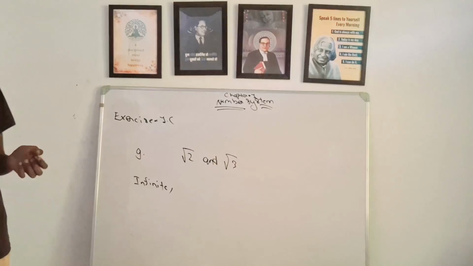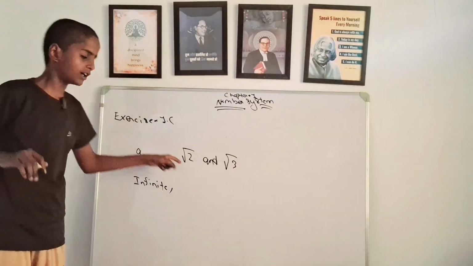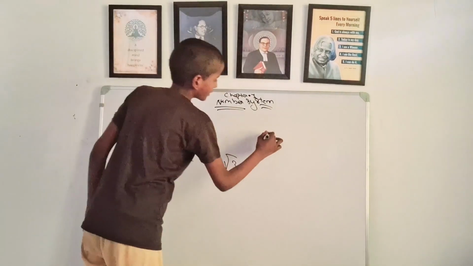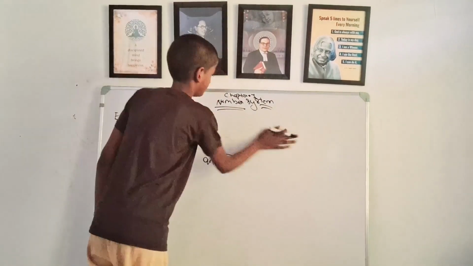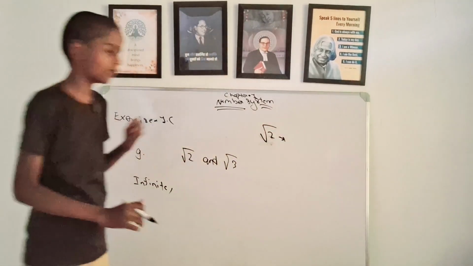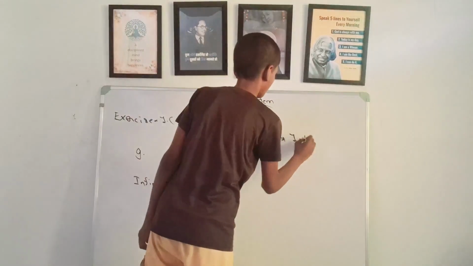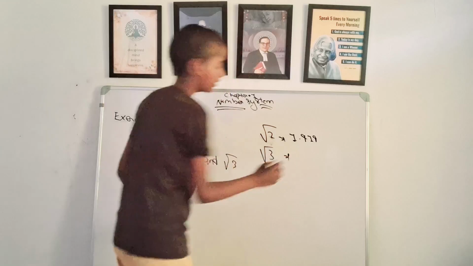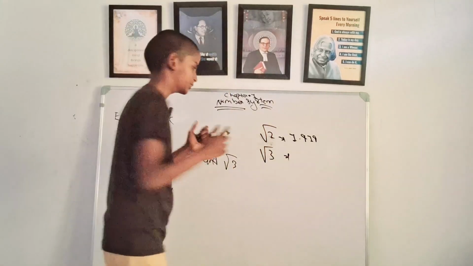After that, the question says find 3 irrational numbers lying between root 2 and root 3. Let's find. First of all, we want to know the value of root 2 and the value of root 3. The value of root 2 is 1.414, and root 3 is 1.732.